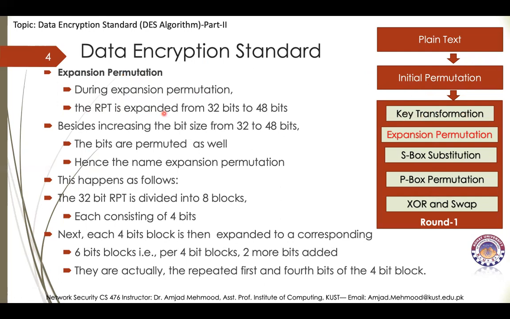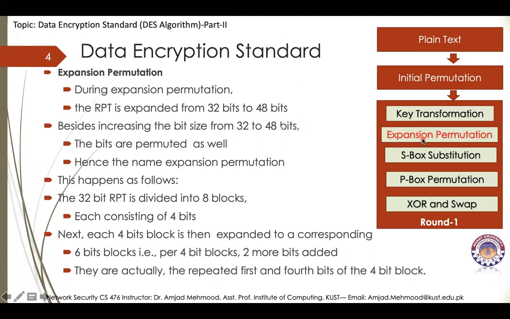As you know that in transformation, you have divided the text which was received from initial permutation into two halves. So each were of size 32 bits. And now in expansion permutation, as the name suggests, expansion. So what you are doing is that the right plain text is expanded from 32 bit to 48 bits. Besides increasing the bit size from 32 to 48 bits, the bits are permuted as well.